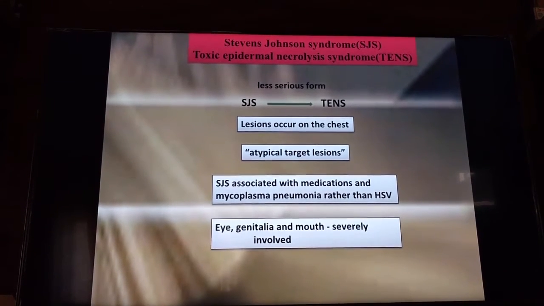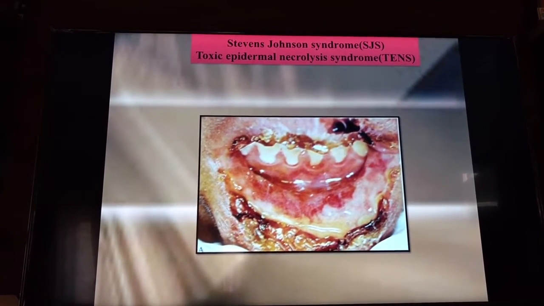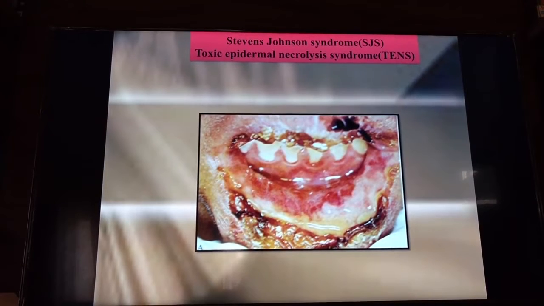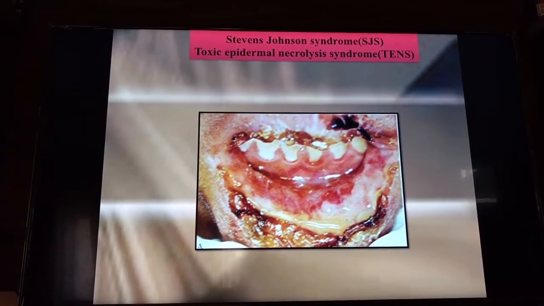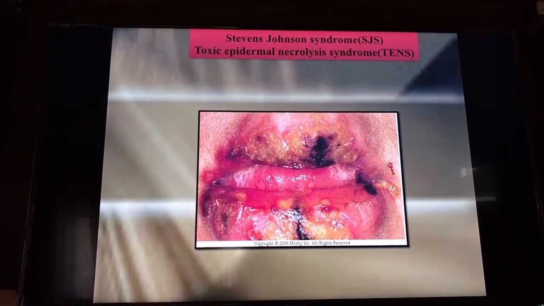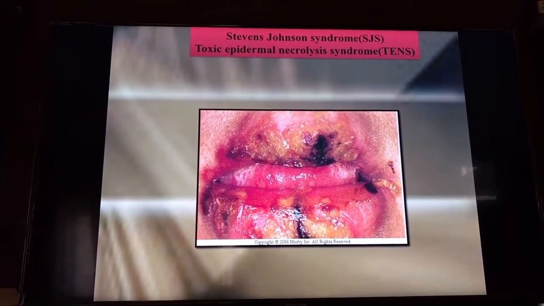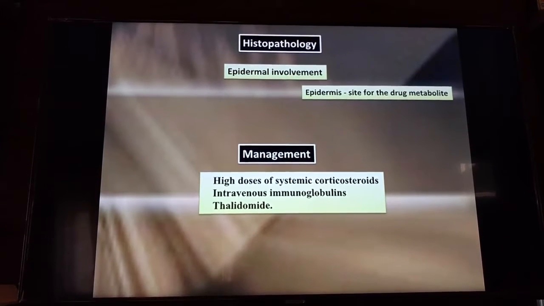Behçet syndrome, or Behçet's disease, is associated with pan mucous membrane involvement. It could be genital, it could be oral, or it could be associated with ocular disease also. Today, it is considered a multi-system disease. It could be associated with immune dysregulation, where there is an alteration in the immune system of the body.